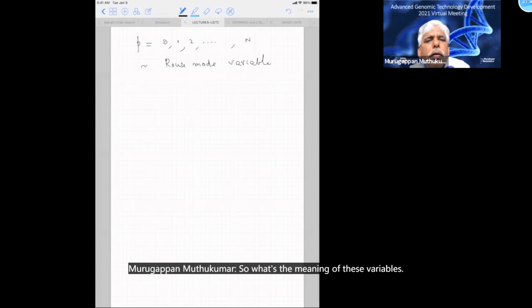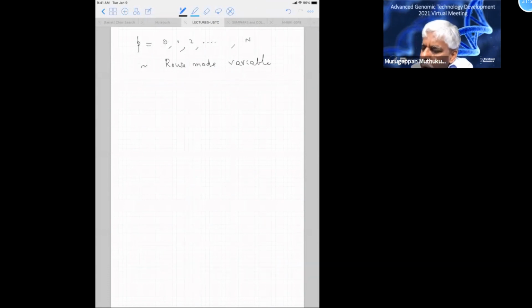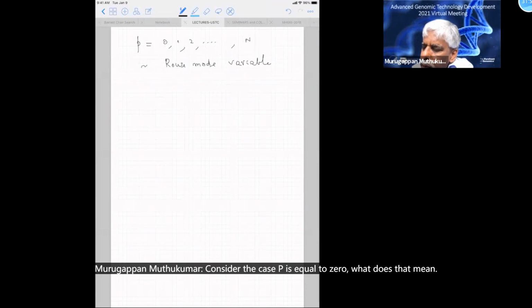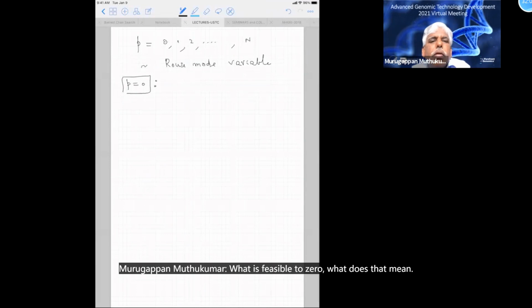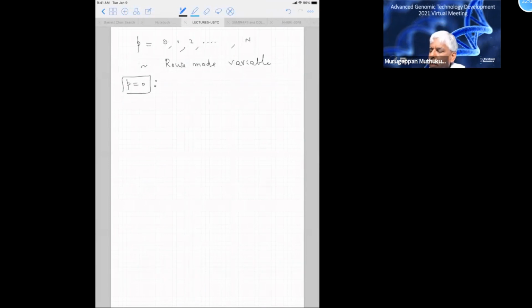So what's the meaning of these variables? Consider the case p is equal to 0. What does that mean? What does p equal to 0 mean? Let's go and look at this one.